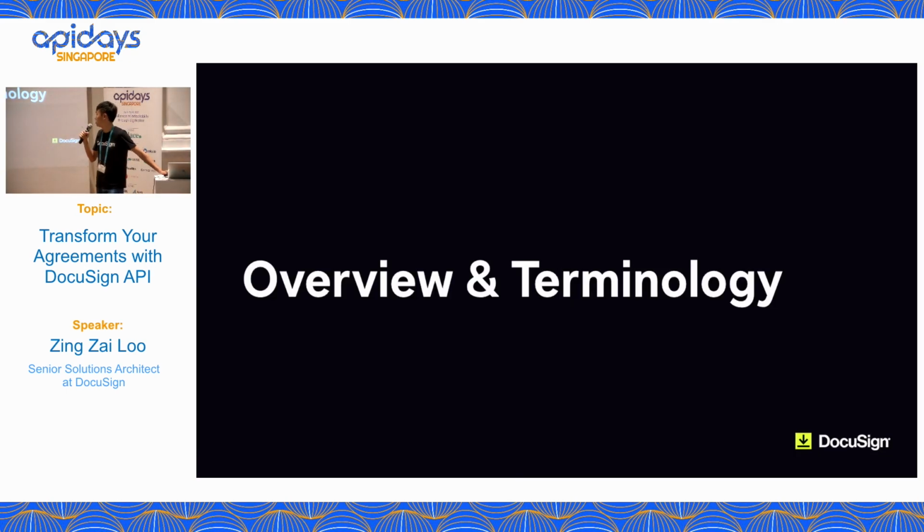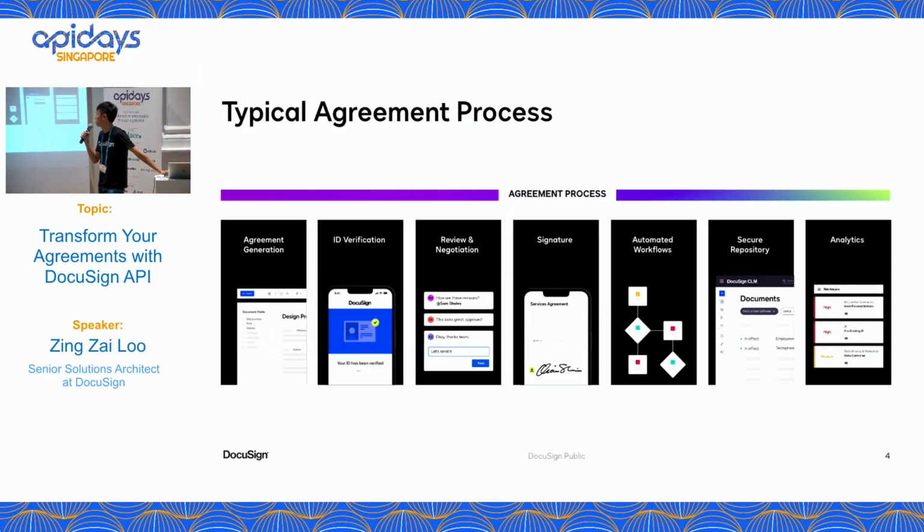So I'll start off with an overview of what DocuSign is. Before even jumping into DocuSign, let's talk about the typical agreement process. We usually start off by generating an agreement, which is a very manual process.